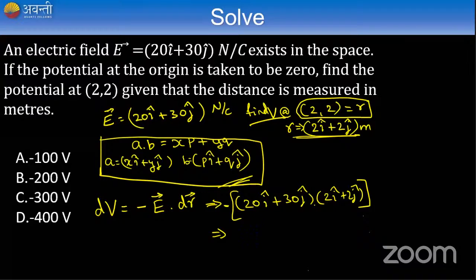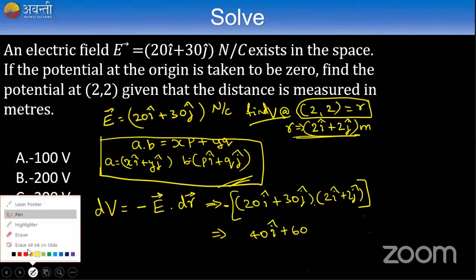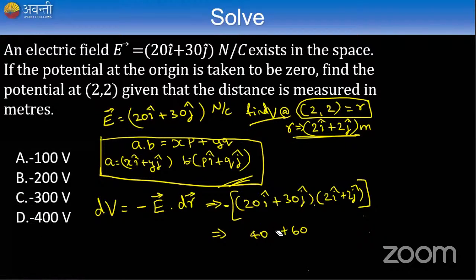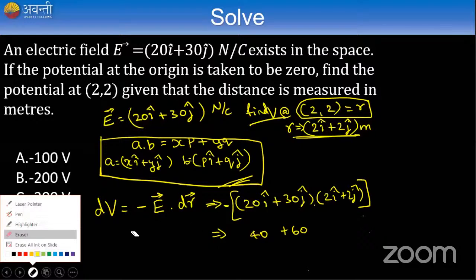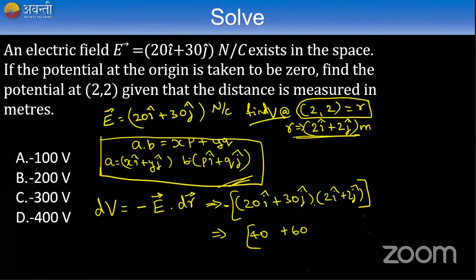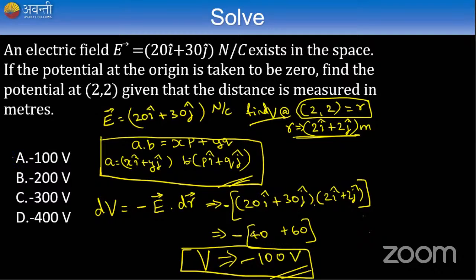So that is 20 into 2, 40, and 30 into 2, 60. I into i is 1 and j into j is 1, so we won't get i cap and j cap again. I get only 40 plus 60, and with the minus, that is minus 100 volts. So this will be my V. Option A is the correct answer. Okay, done.